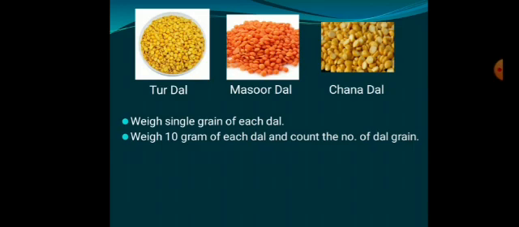Thus, different dal grains represent atoms of different elements. If an equal number of atoms of different elements is considered, then their weight will be different. And if equal weight of different elements is considered, then the number of atoms will be different.